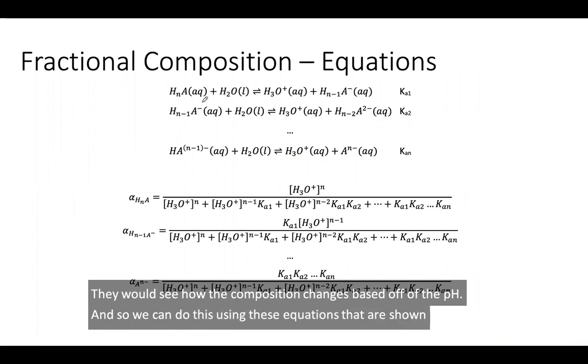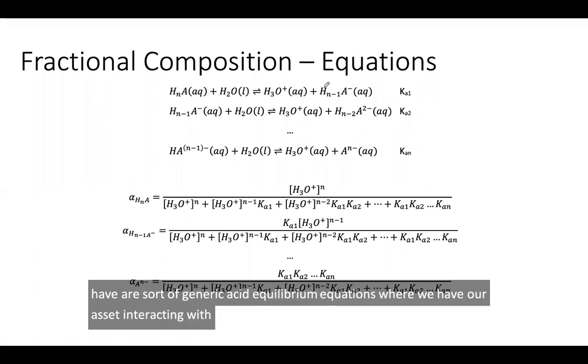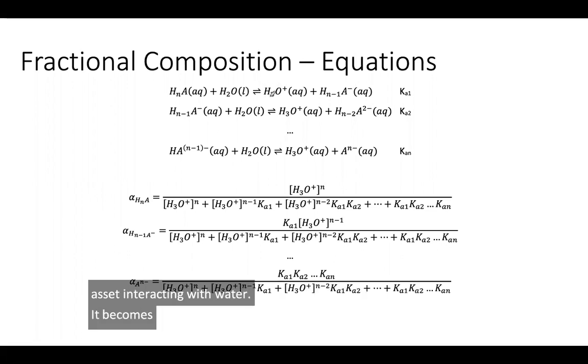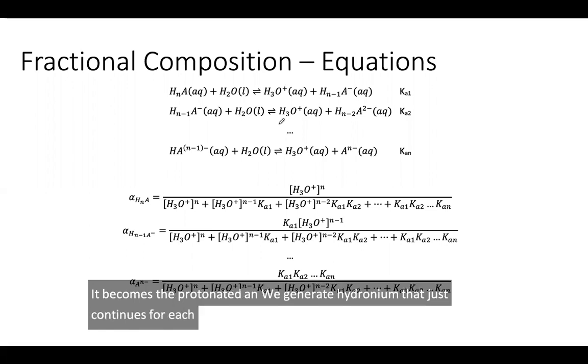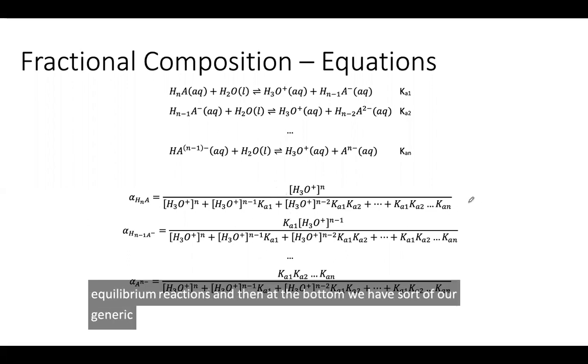We have our generic acid equilibrium equations, where we have our acid interacting with water. It becomes deprotonated, and we generate hydronium, and that just continues for each of our subsequent equilibrium reactions. And then at the bottom, we have our generic forms of these fractional compositions.